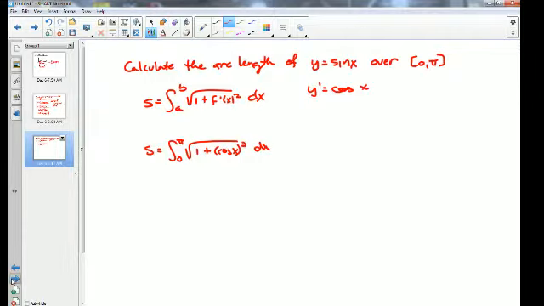Right? Is there any way for us to do that by hand? Like, can I get rid of the root? Or can I integrate cosine squared? No, none of that's friendly integrals.